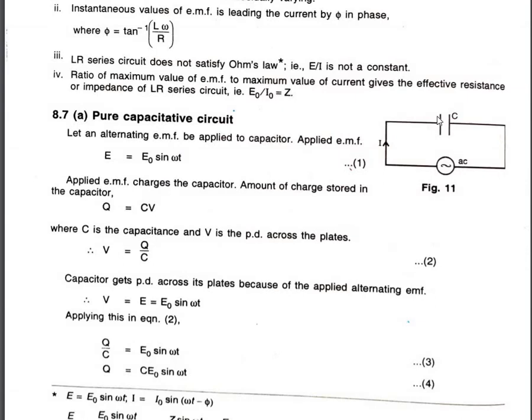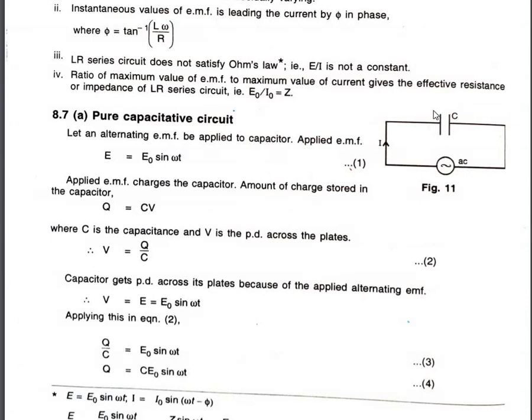So what happens to these plates when we apply an AC? During the positive half cycle, this terminal is connected to positive and this terminal is connected to negative. So the electrons are pushed towards the negative terminal. As a result, electrons flow from the first plate in this direction, and electrons are accumulated in the second plate. The same amount of electrons will leave from the first plate.